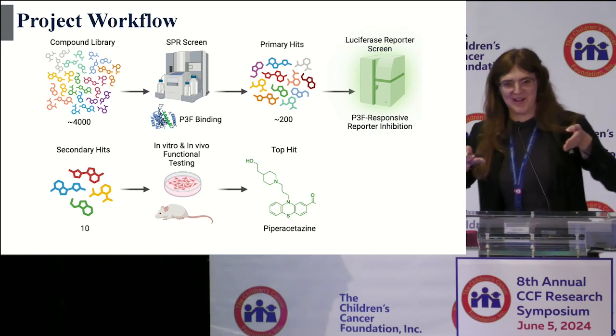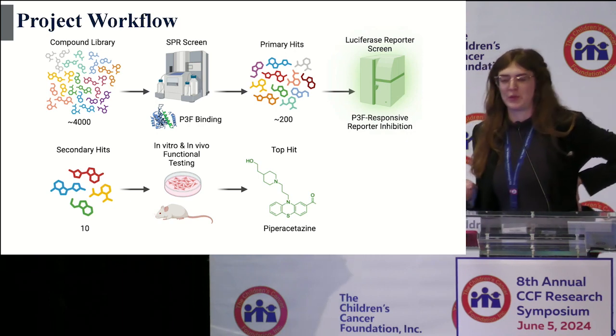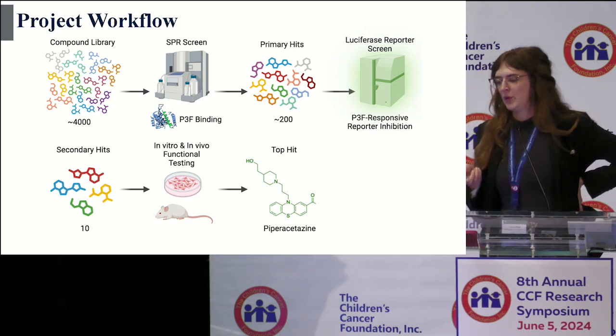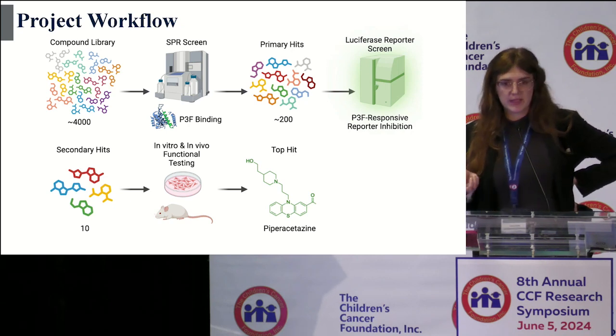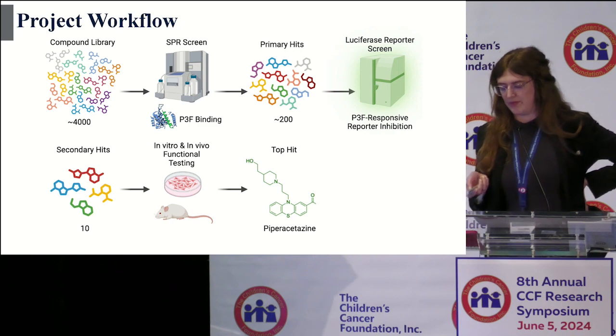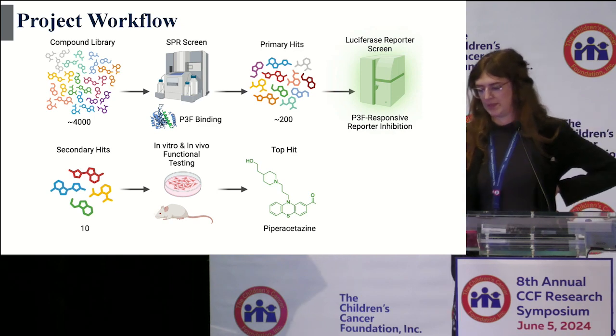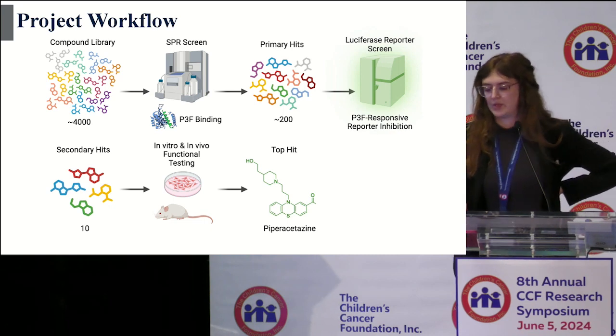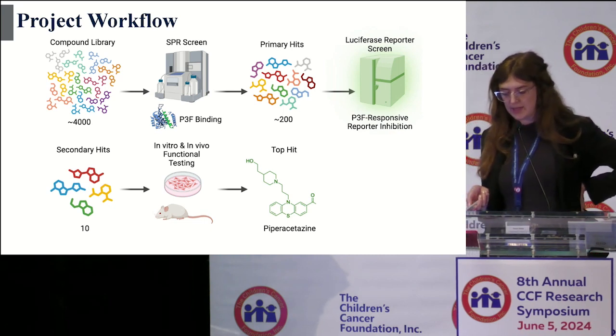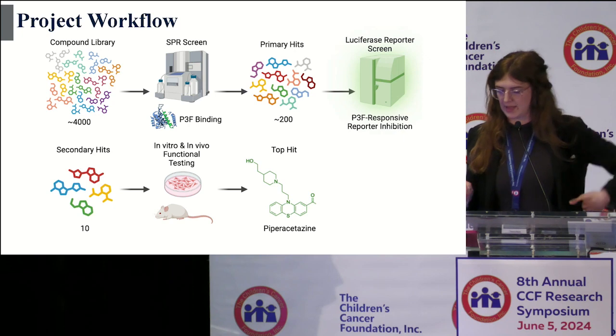That funneled us down into about 200 of what we call primary hits, which we further evaluated with a luciferase reporter screen to see whether they were capable of inhibiting PAX3 FOXO1 responsive luciferase reporters. That narrowed us down further to our list of secondary hits, about 10 at that point.